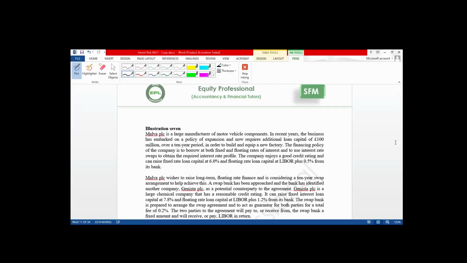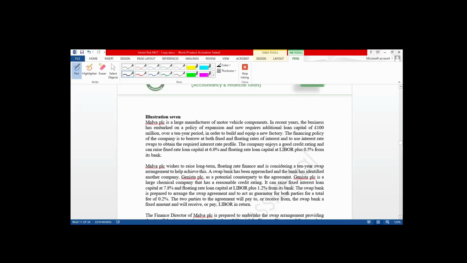I always say this to students. The issue of hedging, currency hedging, option hedging, interest rate hedging. It's an environment you can leverage on. All right. I'll read.